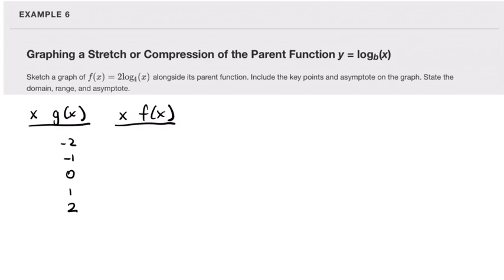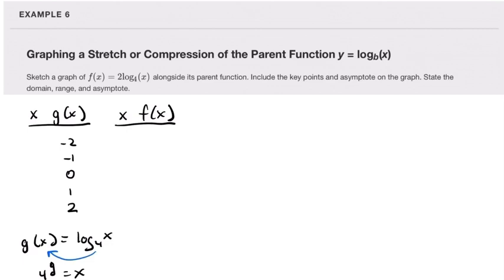Okay. So now, the original, let me see. So our g of x, we're going to let our g of x be log base 4 of x. If we rewrite this as an exponential, and I'm just going to replace y with g, we'll say 4 to the power of g equals x.